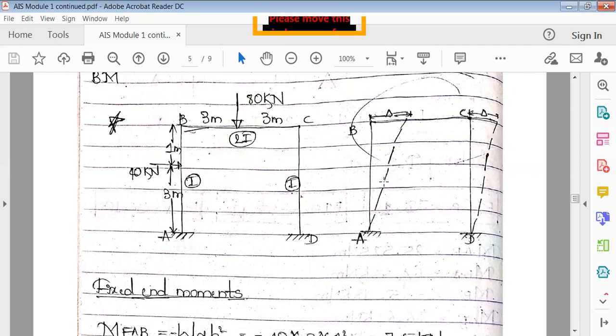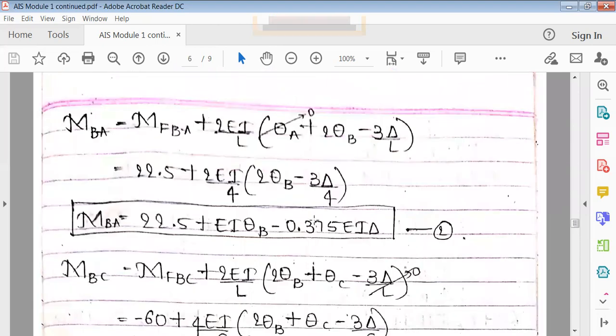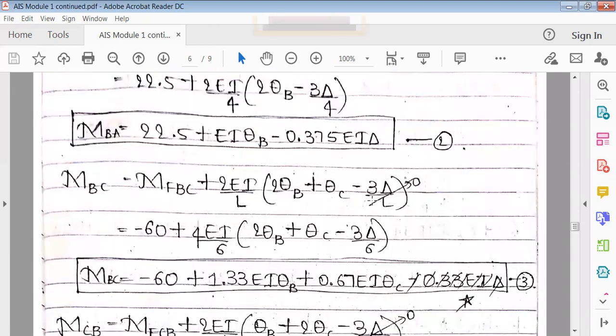Initially it is straight, they're slanting. Here also, initially it is straight, it is slanting. That's why BC is not deflecting vertically downward or upward. So this delta value exists only for AB and CD. That's why we're taking 3 delta by L equal to 0 here.